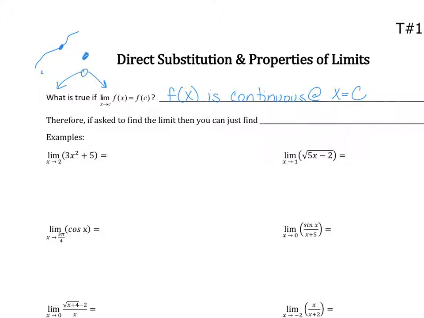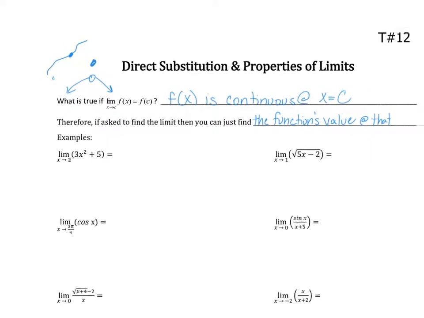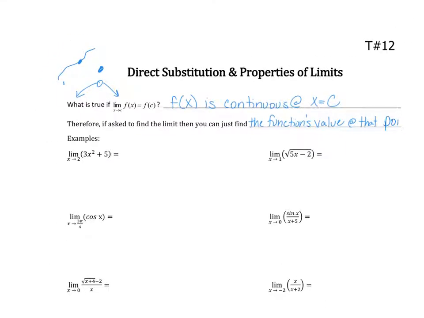And so that doesn't seem like a big deal, but in reality it's a very big deal, because if you're asked to find the limit, then you can just find the function's value at that point. And that's called direct sub.